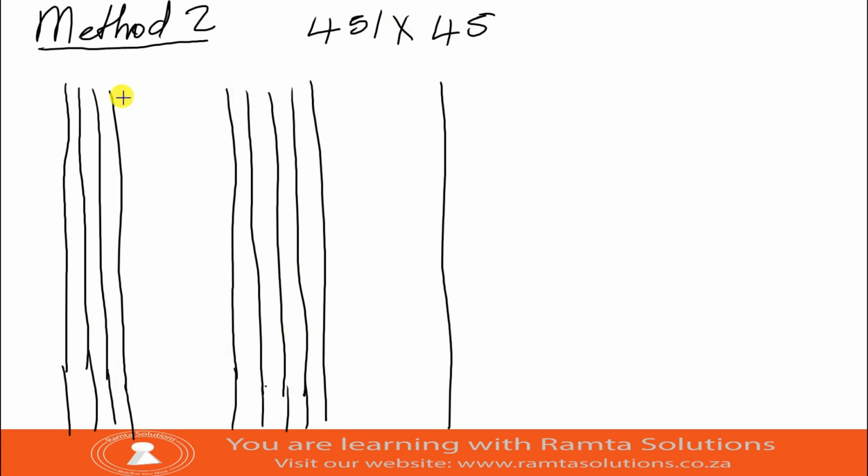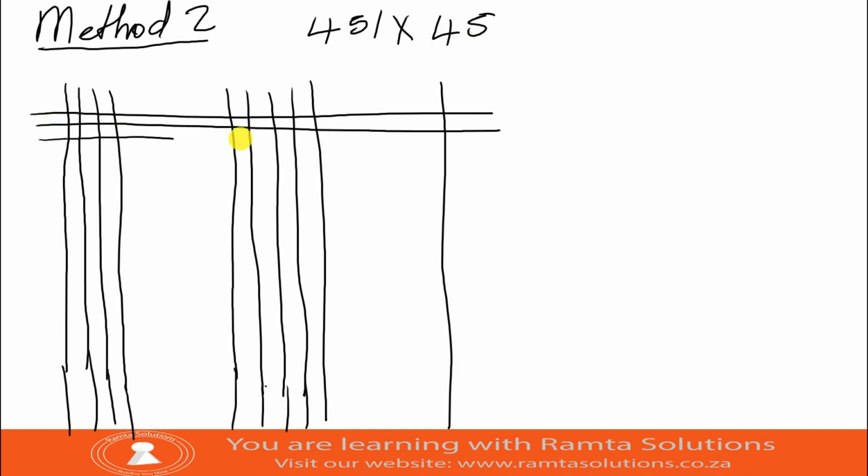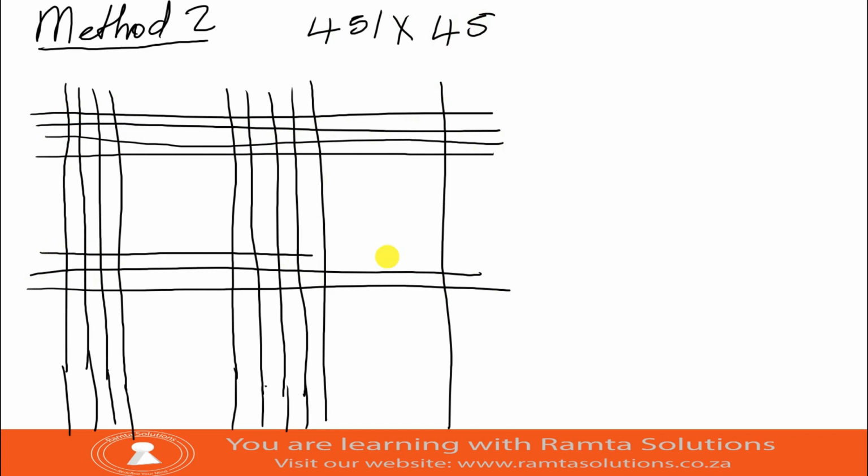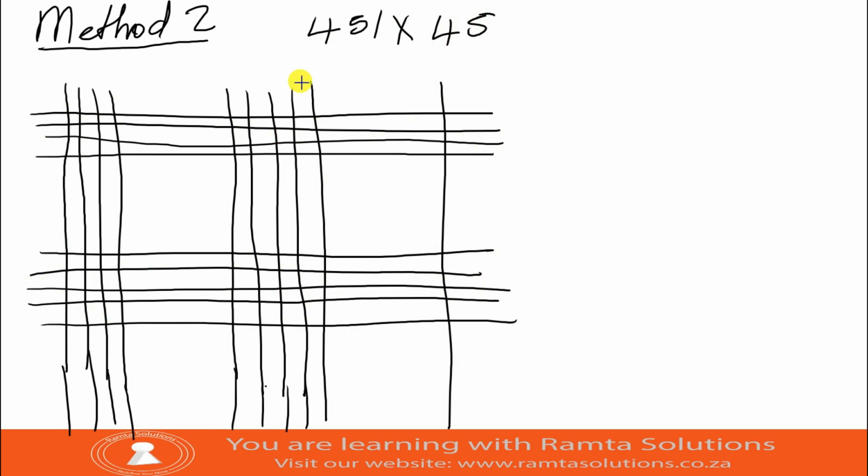Then we have 45. So 4: 1, 2, 3, 4, and then leave a space, 5. We need 5 lines: 1, 2, 3, 4, 5.